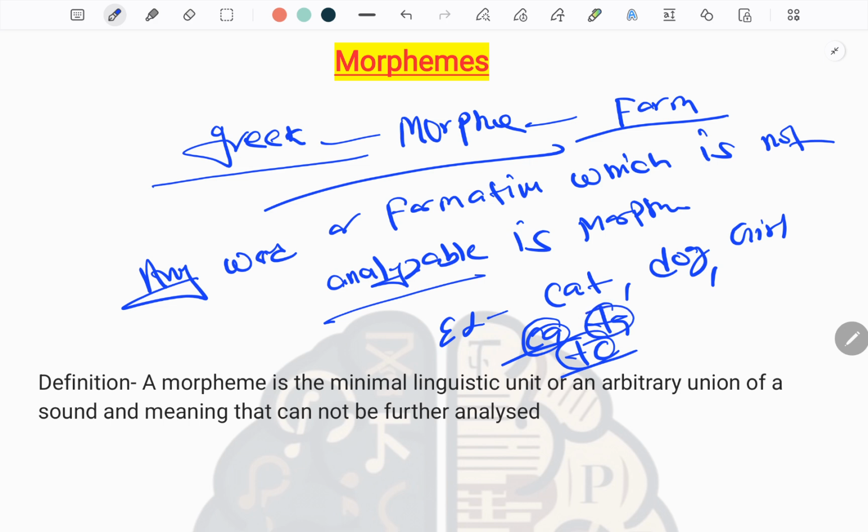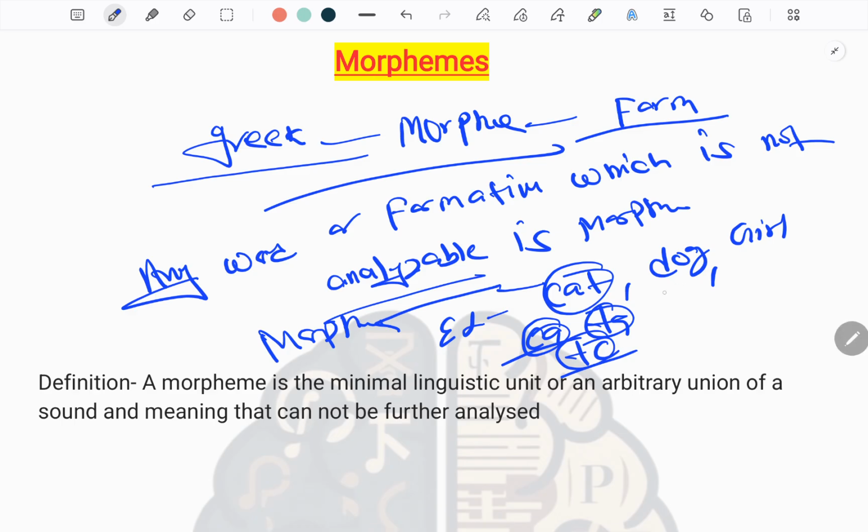But when we combine letters in such a way that provides a meaningful unit, then this is known to be the word, and this is also known as the morpheme. What I want to say here is that the meaning of a morpheme must be constant. Means there are no changes in the form of the morphemes.